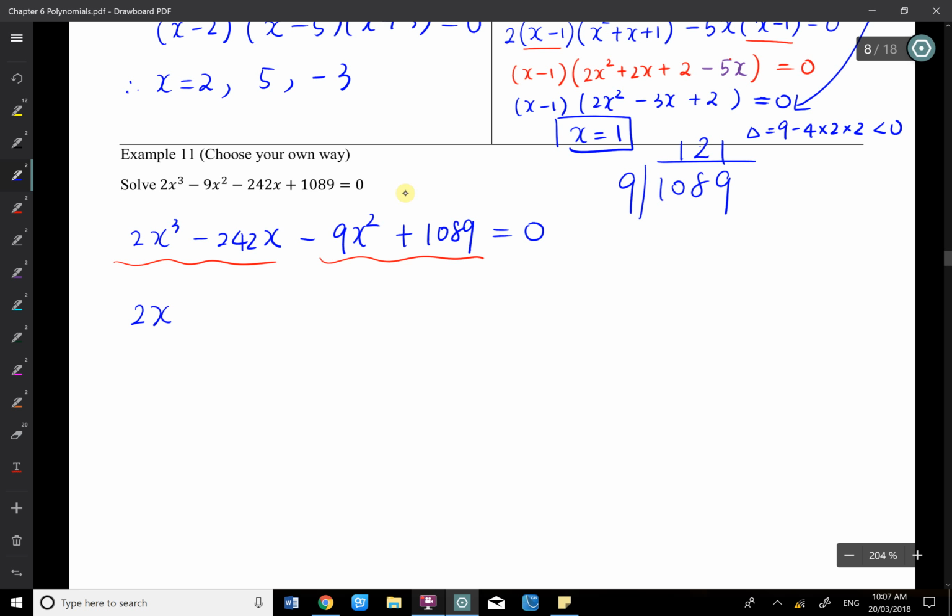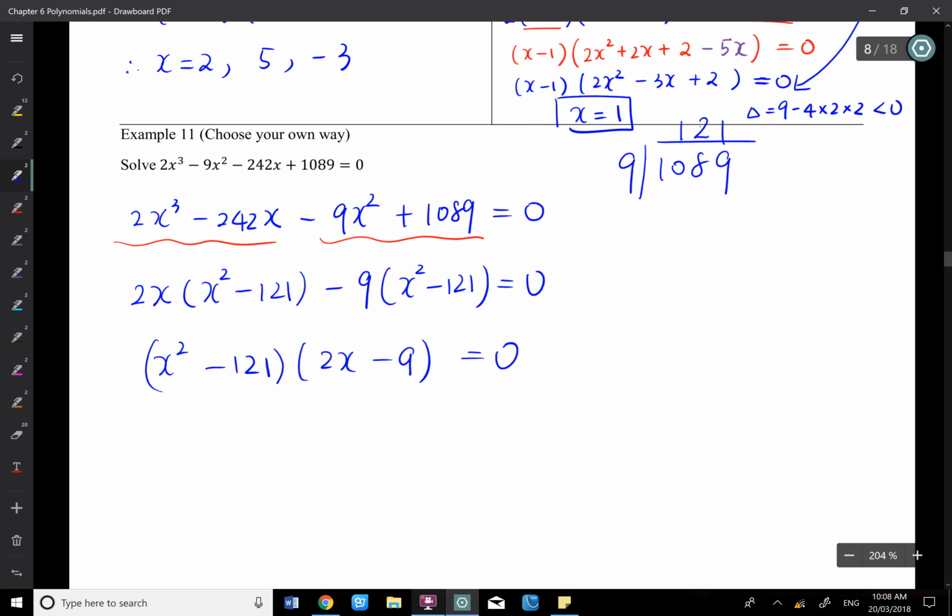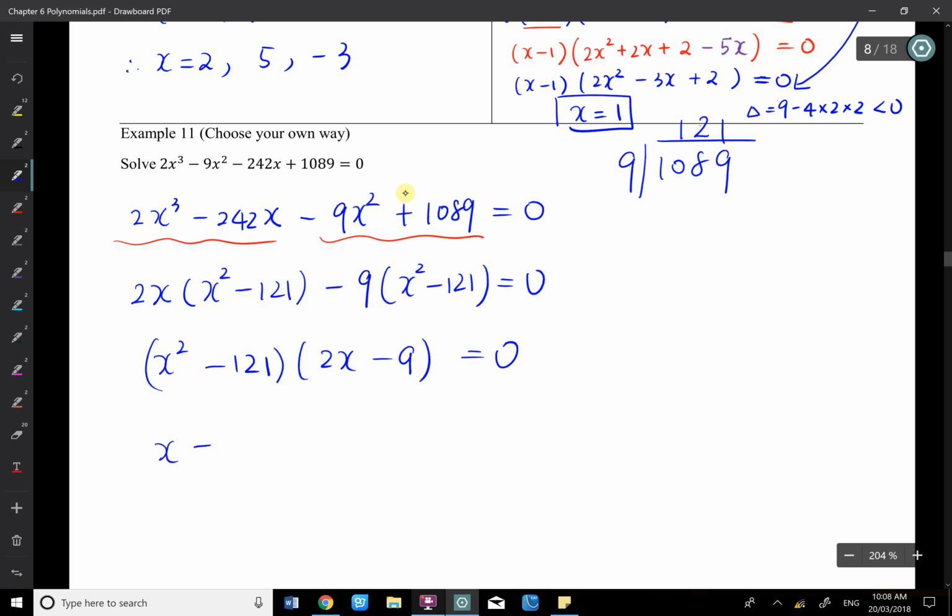We have 2x times (x squared minus 121) minus 9 times (x squared minus 121) equals 0. So (x squared minus 121) times (2x minus 9) equals 0. So (x plus 11)(x minus 11)(2x minus 9) equals 0.